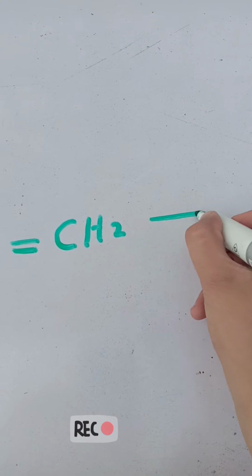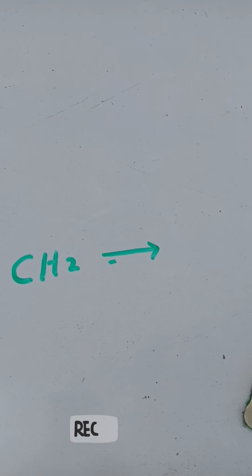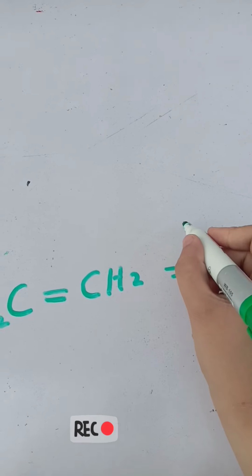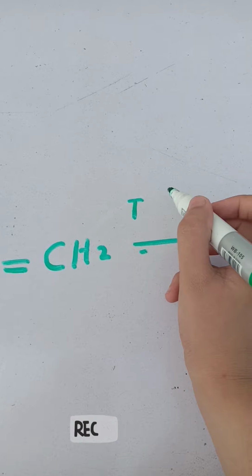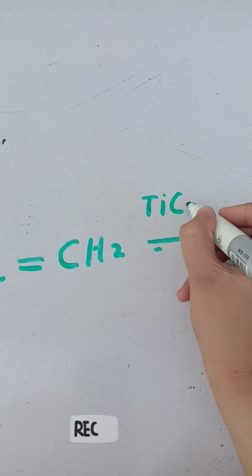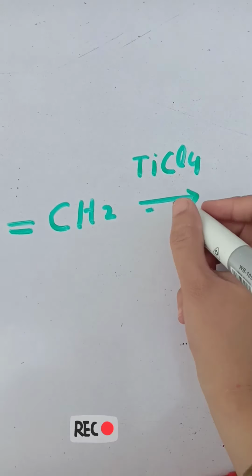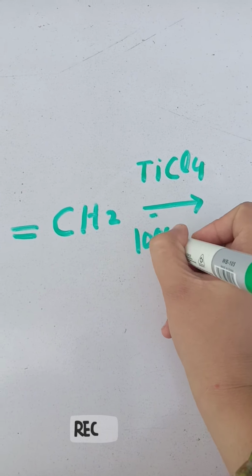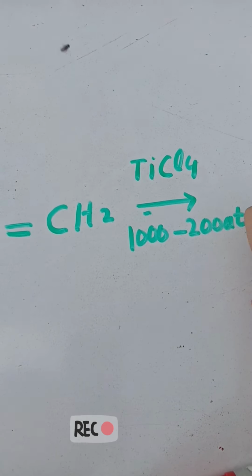So how will the reaction take place, and what catalyst is used in this reaction? In polymerization, titanium chloride is used, and this polymerization takes place at 1000 to 2000 atmospheric pressure.